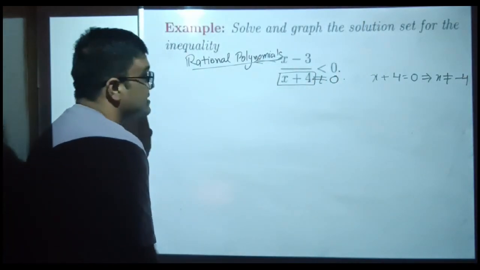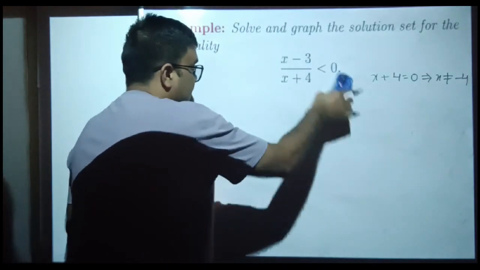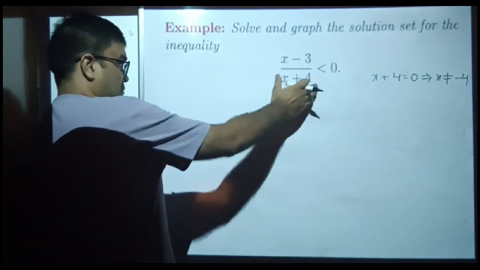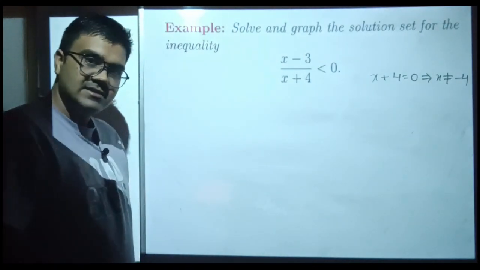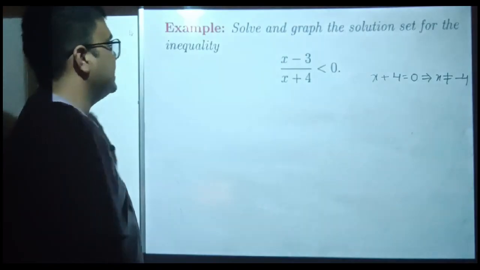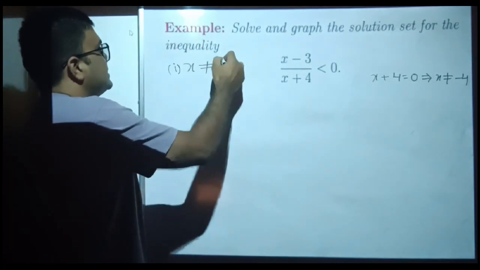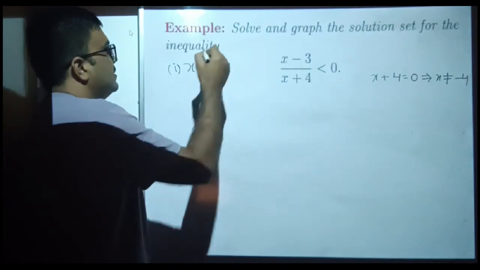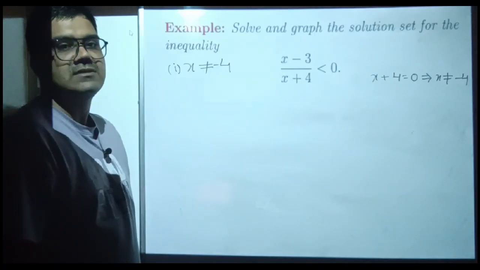We have to solve this inequation. The first step, whenever there is a division with a polynomial lying over it, is to identify the zero points. The first condition we have obtained is that x cannot be equal to minus 4, because if x is minus 4, we have no answer there.